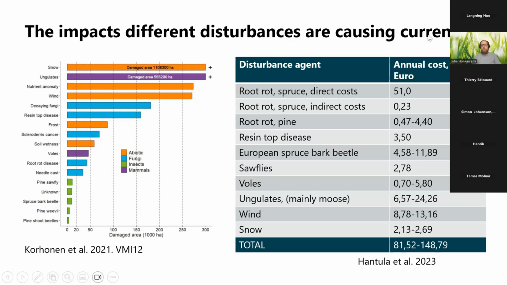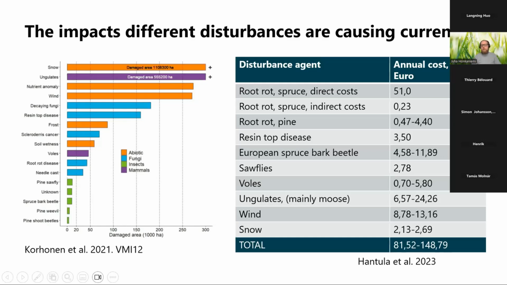But once we move to the economic impacts, we can see that in total, we've estimated the annual costs for different disturbances in Finland to vary from 80 million to 150 million euros per year.